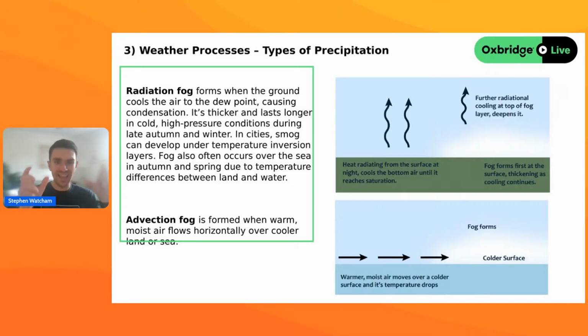So rather than it happening in situ, advection fog happens when that air moves due to a windy climate across a colder surface. When that happens, the same process occurs. It cools down, coalesces, and we get that fog. So that's more something like sea fog in the early morning if you're on the coast.